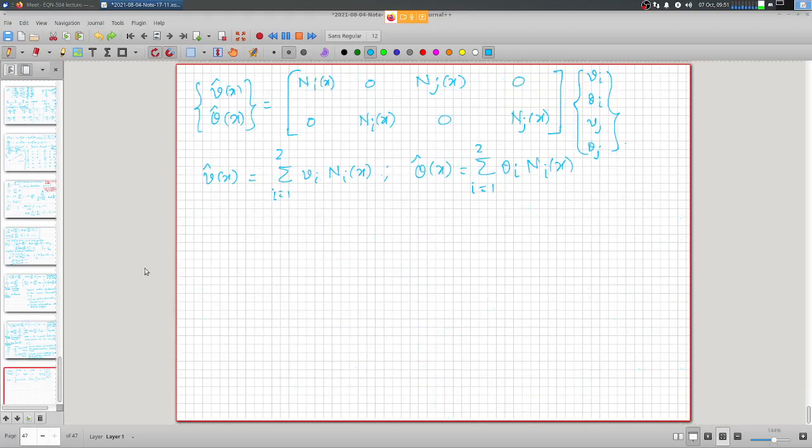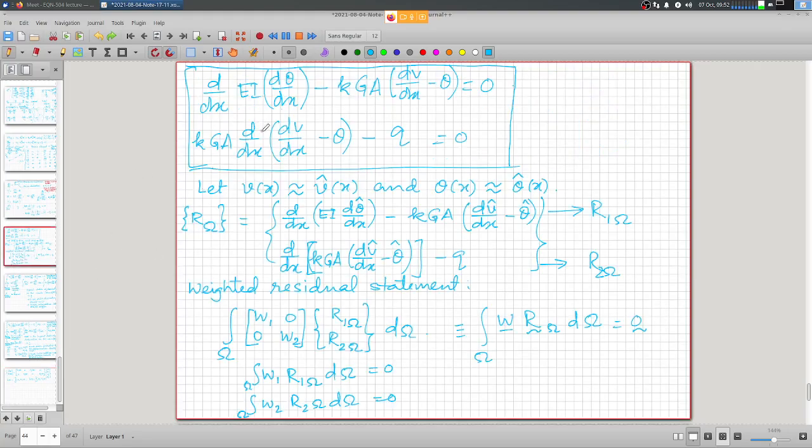Let me first arrange, for the purpose of demonstration, the governing differential equation that we had earlier. I can write this equation in operator form.